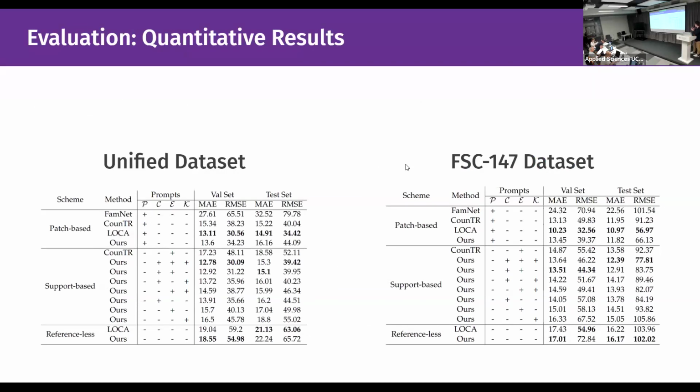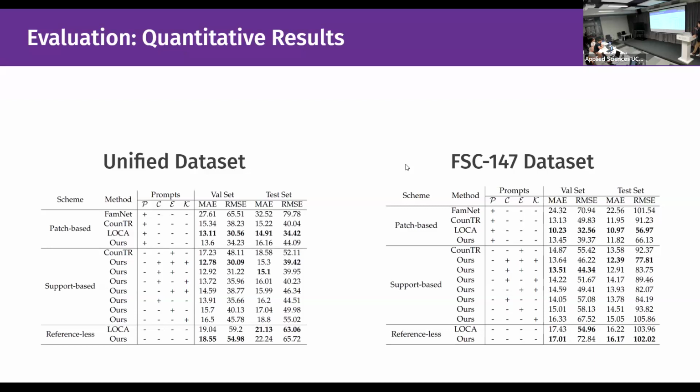It's specified as prompt K here, and as you can see, on both datasets it has the largest MAE and RMSE. But this is probably due to the fact that from this prompt we only get one object prototype, while from the others we get three. So the model effectively works in a one-shot setting instead of a few-shot.